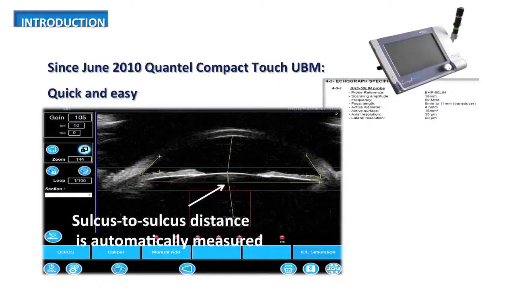And since 2010 I've changed to the Quantel UBM compact touch unit, and I've been developing some regression formula to do it more scientifically. So this is the device I'm now regularly using, and this is the device I'm basing my calculations upon right now, and this is what I will present to you.